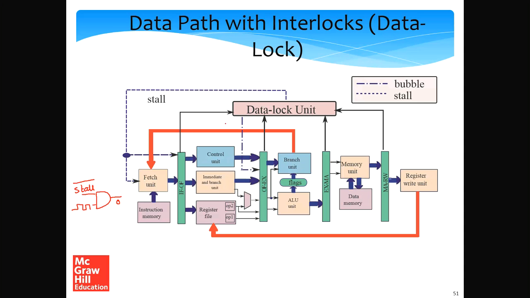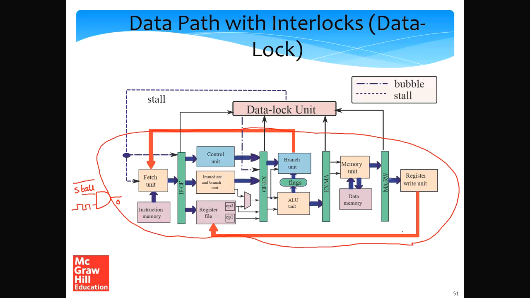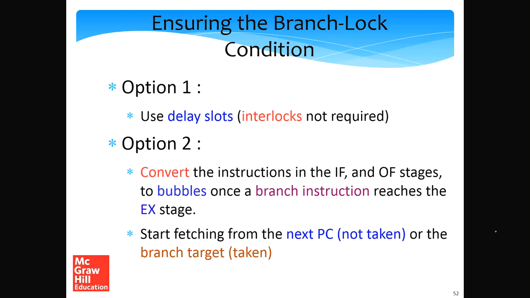As we see, most of the pipeline remains the same. At the risk of cluttering the diagram, let me draw a big circle. This was the older pipeline. To have a data lock unit, we just take inputs from all the stages and we stall the first two stages. And in the EX stage, we can introduce a bubble.